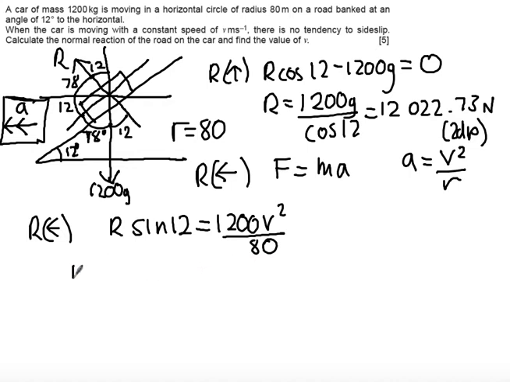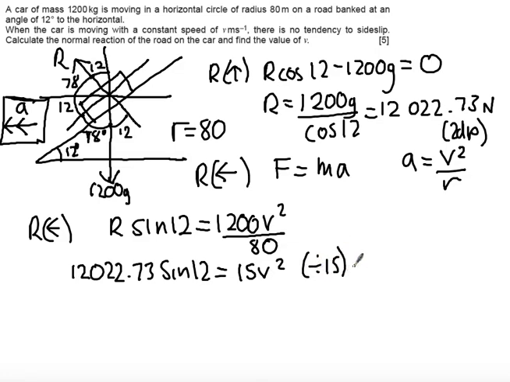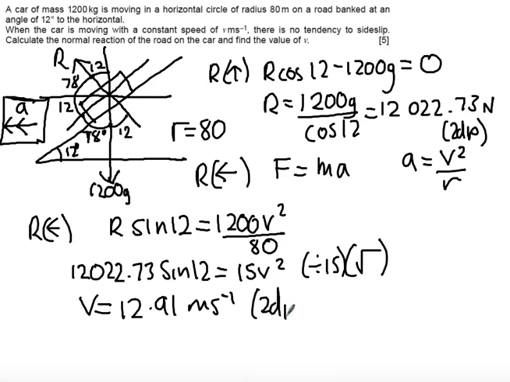So what we get is 12,022.73 sin 12 is equal to 15 v squared. And so if I divide by 15 and take the square root of both sides, in this order, what we get is that v is equal to 12.91 meters a second to 2 decimal places.